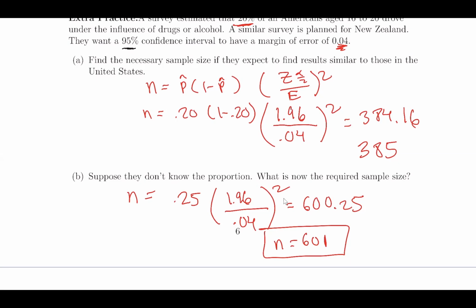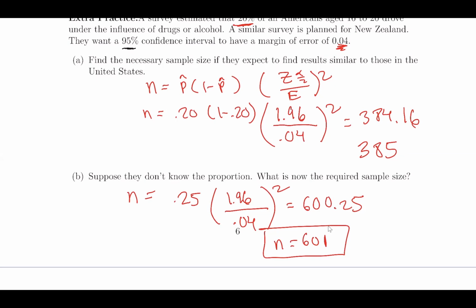So that was important. If I do know what the sample proportion was from a prior study, you do want to use it because you will need a smaller sample size. But if you have no idea what it could be, then you're going to need a bigger sample size. All right. Any question in regard to this last problem?